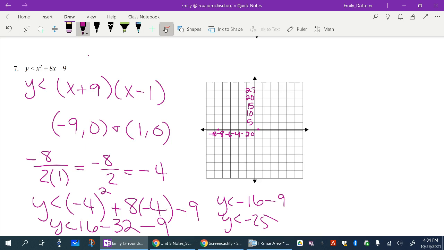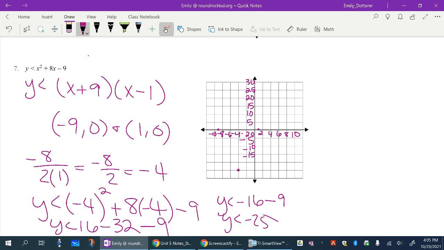So it's okay for the x and the y axes to have different scales, but you need to have the same scale on the opposite sides of the same axis. So our negative x-axis can't go by 2 if the positive x-axis goes by 4. They have to go by the same amount on the same axis. Okay. So negative 25 and it's negative 4.